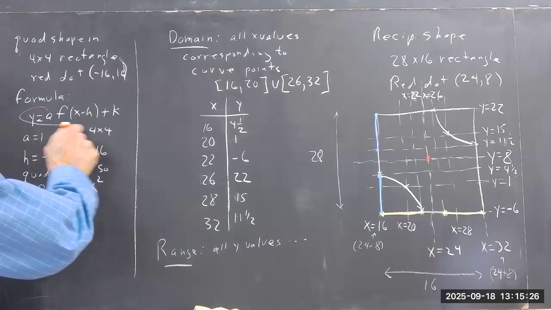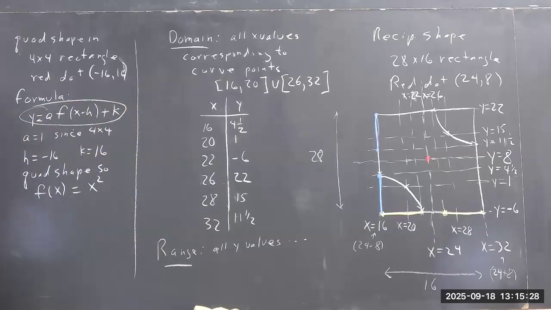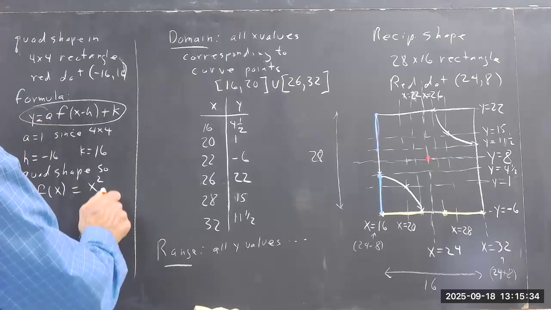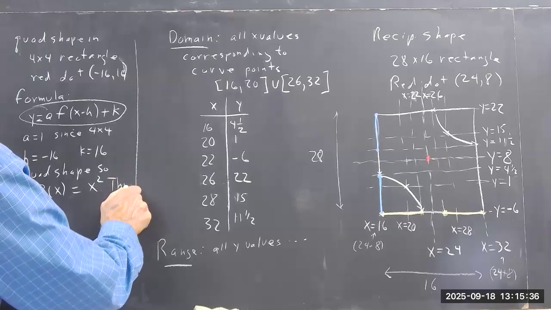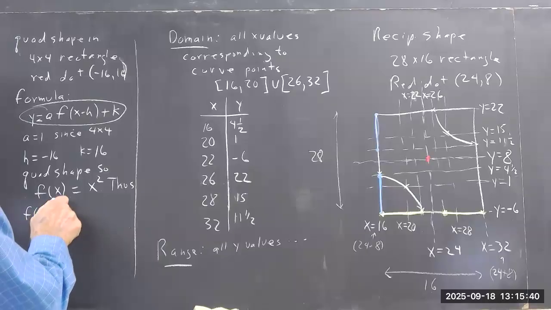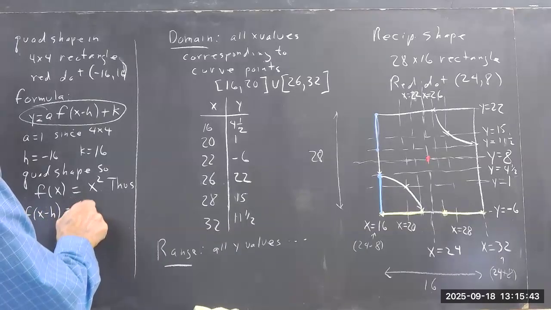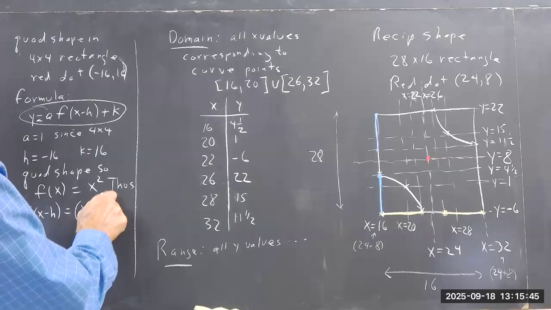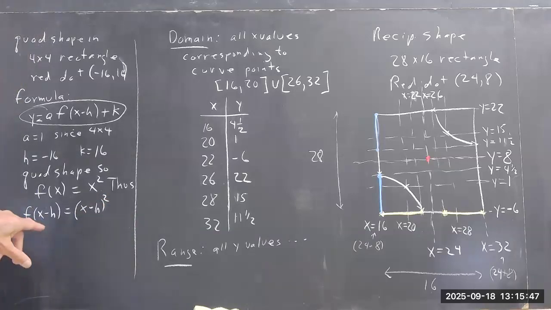How do you then get this? You start by getting f of x minus h. f of x minus h is x minus h squared.